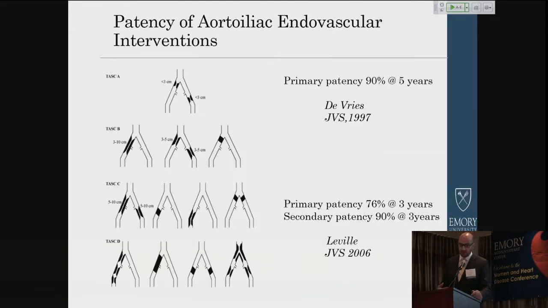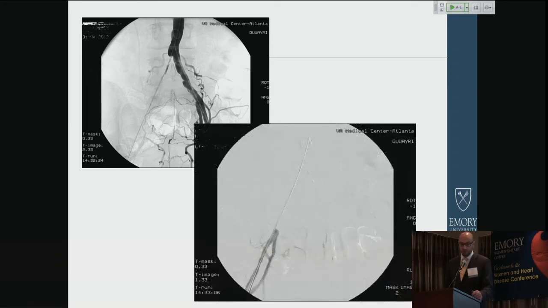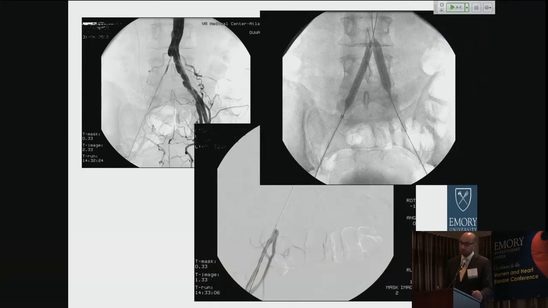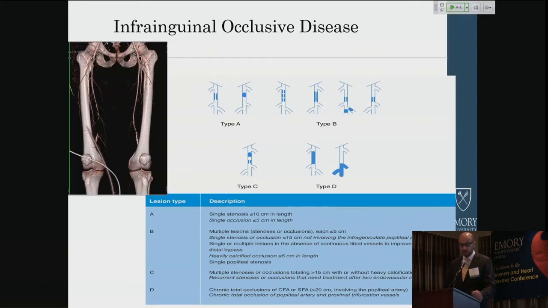These patients can also be offered effective endovascular therapy with good patency rates of around 90% at 5 years with iliac stenting. This is how iliac stenting looks. You cross the occlusion and place balloon expandable stents, usually with good inflow restoration. In the iliac arteries, it has very good patency rates.